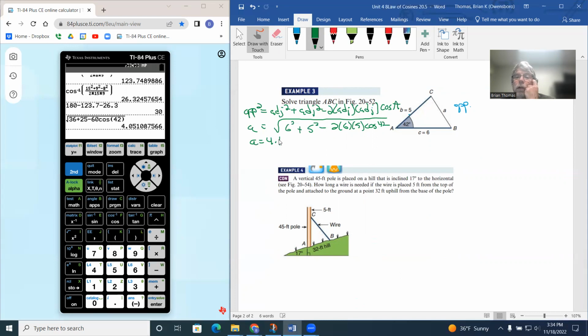And to find some missing angles here, we could use the law of sines to find an angle. We don't necessarily have to use the law of cosines here. So if I want to find angle B, well, actually, I don't think we want to round.